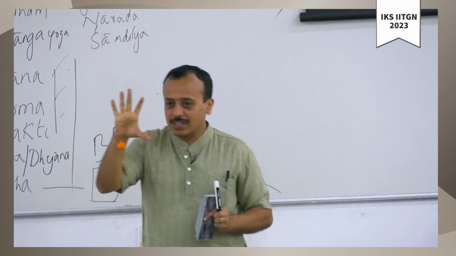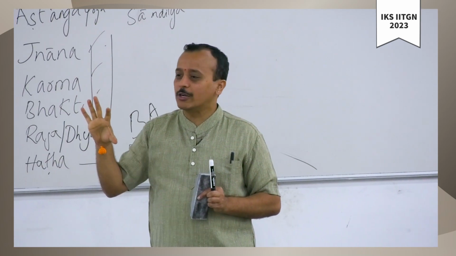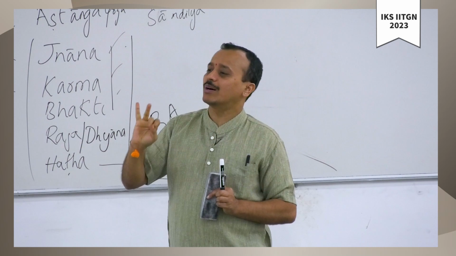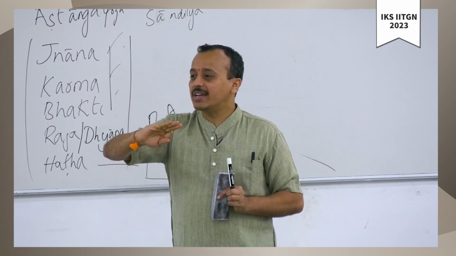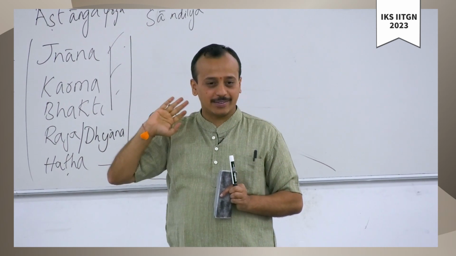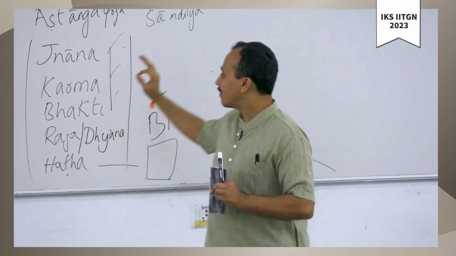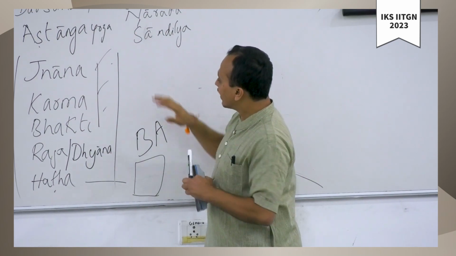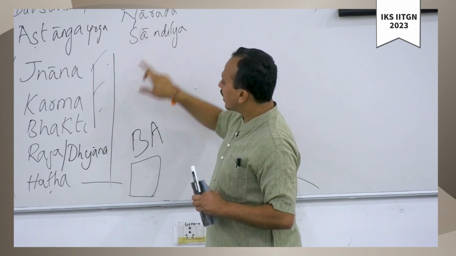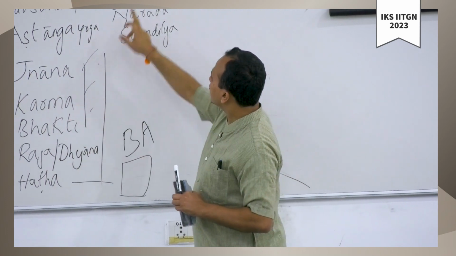At least in the first initial few sutras, if you look into it, what is Bhakti, what is love, how can one elevate love into Bhakti? All such beautiful descriptions are found there. So I will not be going into that at the moment. So you have Narada and Shandilya for Bhakti. Then we saw for Raja, we have Yoga Sutra.